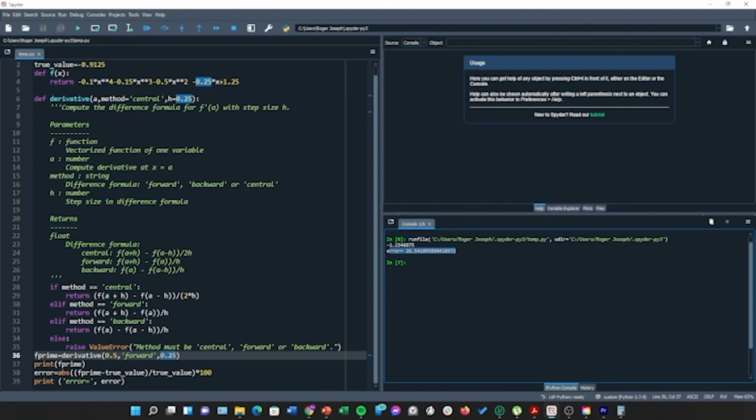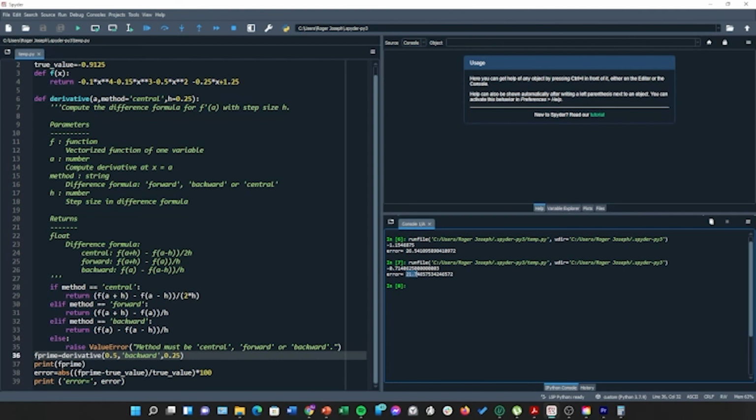Now we'll change from forward to backward. If we run this, we have negative 0.714 with an error of 21.7%.